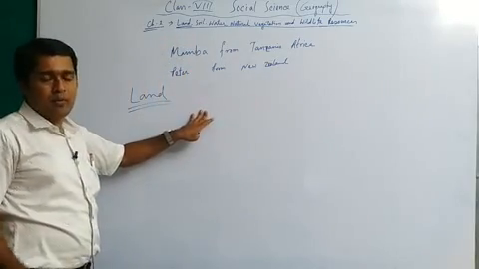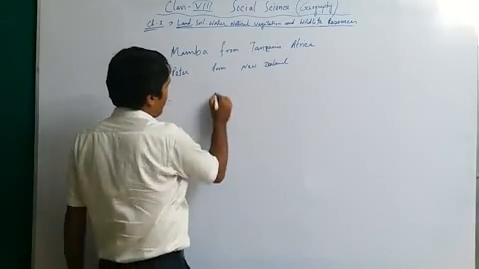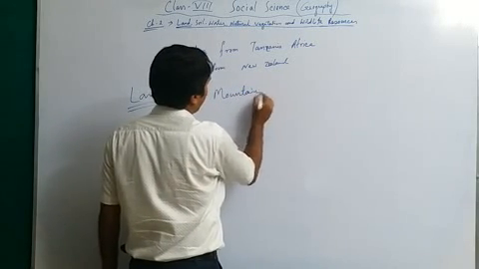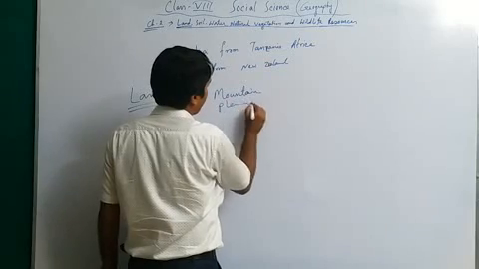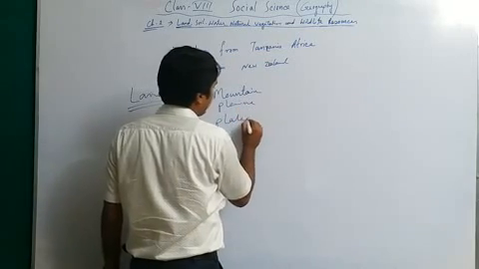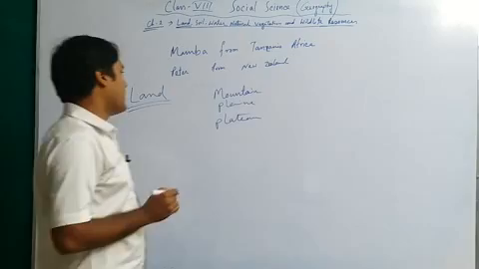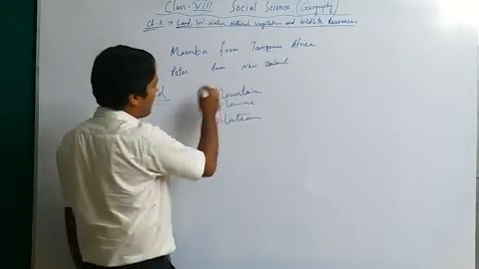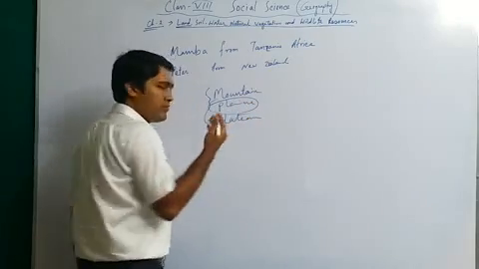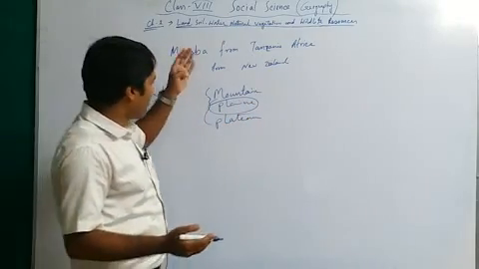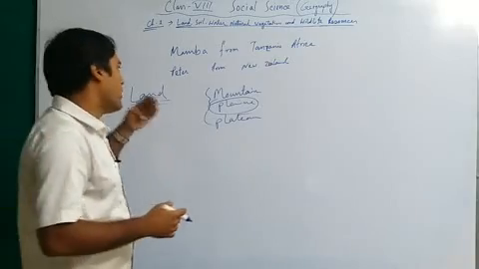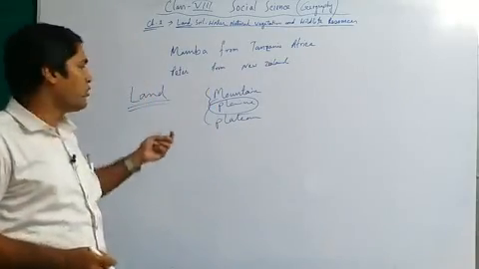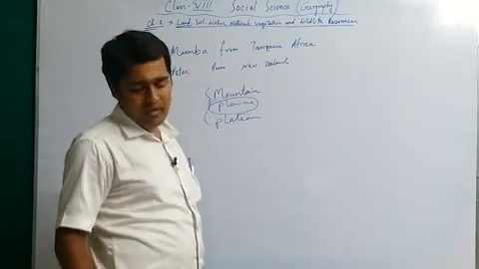If you look all over the world, there are three types of landform: mountain, plain, and plateau. These are the three types of landform, and people try to live mainly on plain land. On the rest, mountain and plateau, people also live, but not in very high numbers. Very few people live on those two.